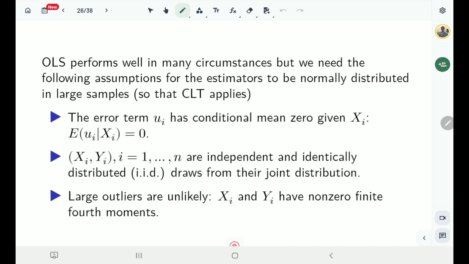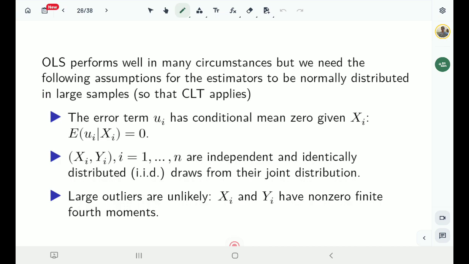Okay, now the next step is to evaluate the conditions under which the OLS estimates that we receive, the line parameters, are actually good estimators. They are unbiased, consistent, and efficient.